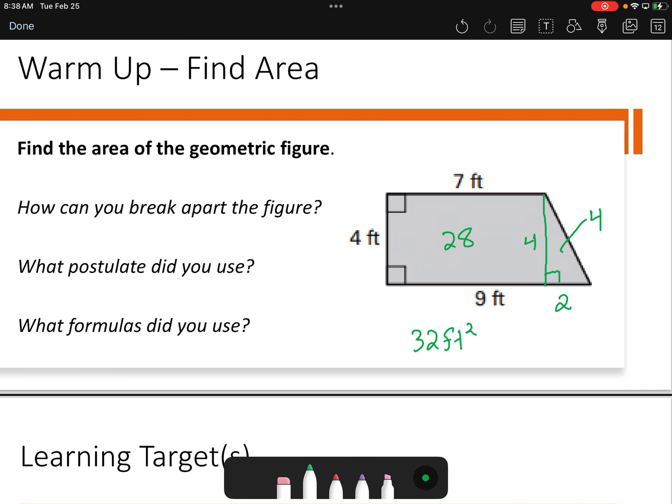Okay? Does anyone remember the name of the postulate that would allow us to do what we just did? There was 2 of them. Flip back in your notes. Does anyone have those 2 postulates in your notes from 9.1? Something about composition. Natalie, do you have it? No? Anyone have it?